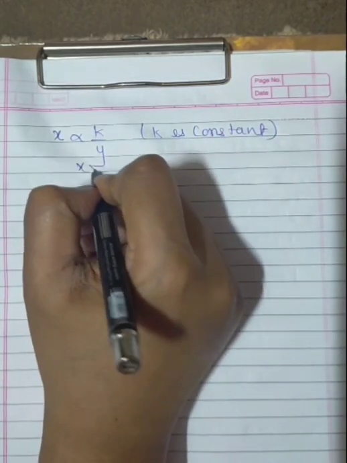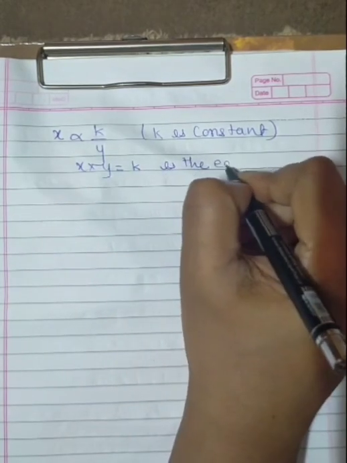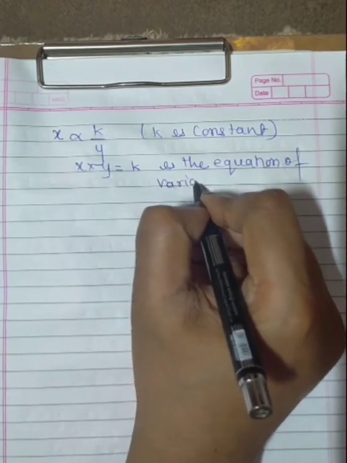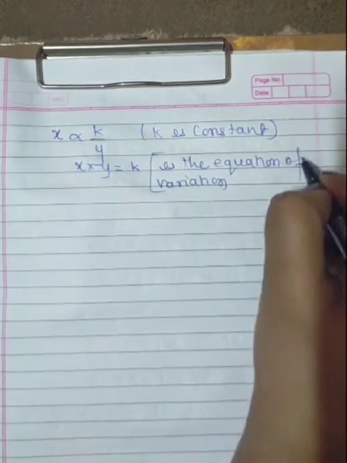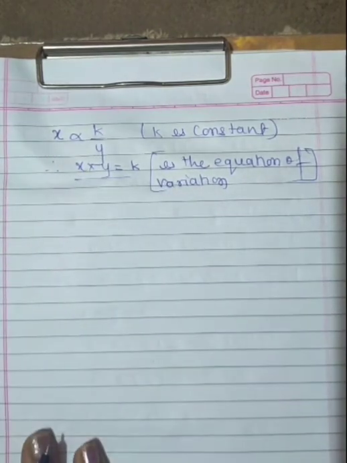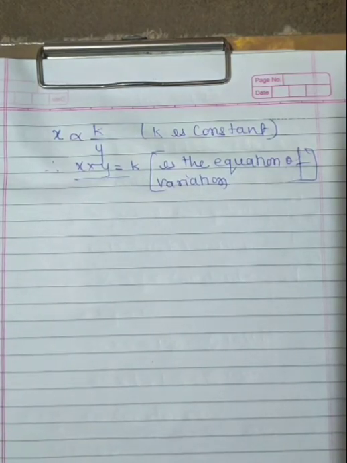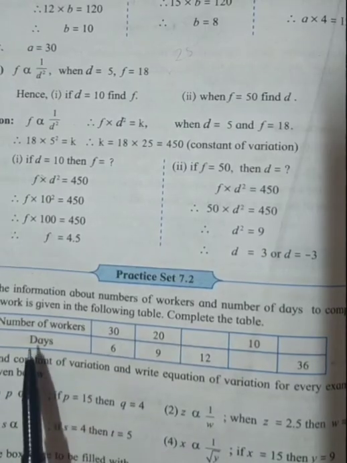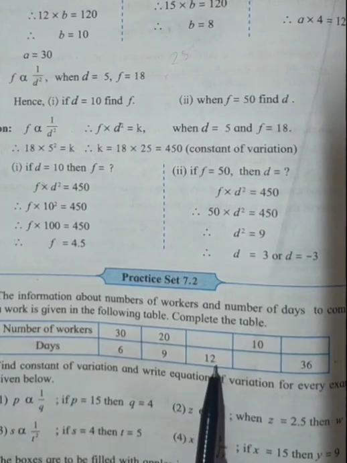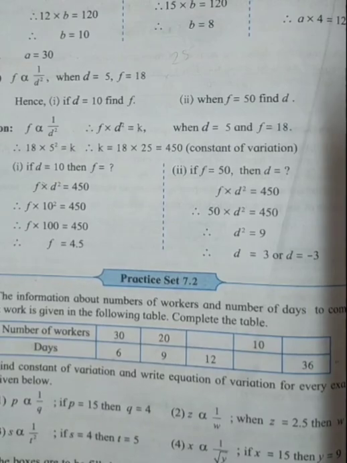So X into Y is equal to K is the equation of variation. Now the number of workers is missing, and we have the days, that is 12. With the help of this we are going to solve.